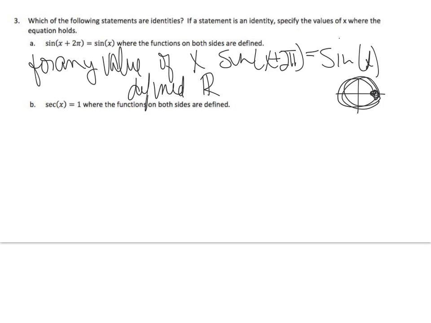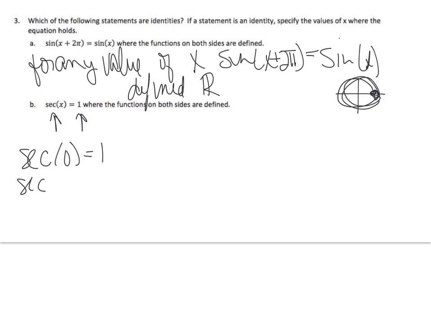All right, let's look at secant x equals 1. We're going to move it to the next slide because I needed a little more space. This is not an identity. If we just plug some values in for x and test, whatever we put in for x, does that equal 1? If we look at secant of 0, we get 1.